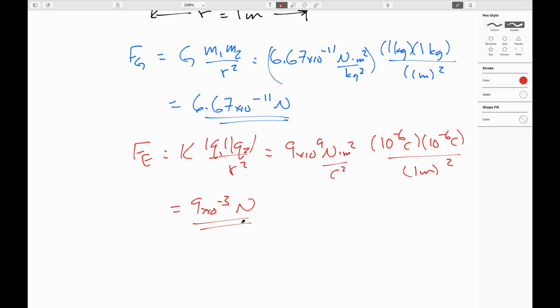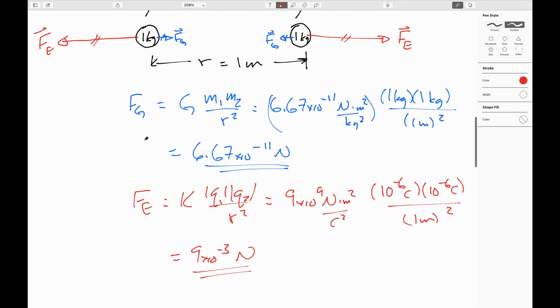So what we get is that the electric force here is 100 million times stronger than the gravitational force. So if I even made the gravitational force vectors 1 pixel long on your screen, even if you're watching this in 4K, I wouldn't be able to begin to fit the electric force vectors onto the screen.